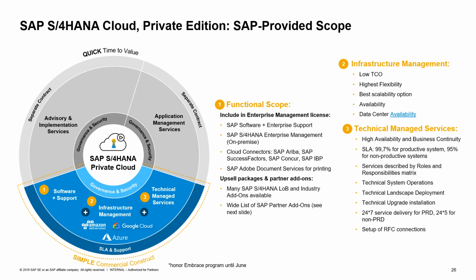There's technical system operations included here, technical landscape deployment, technical upgrade installations here also. So the basis services are done here. Also 24/7 service delivery for production, 24/5 for non-production, and we do the setup of your RFC connections. So again, this is all part of the subscription fee that your customer pays.